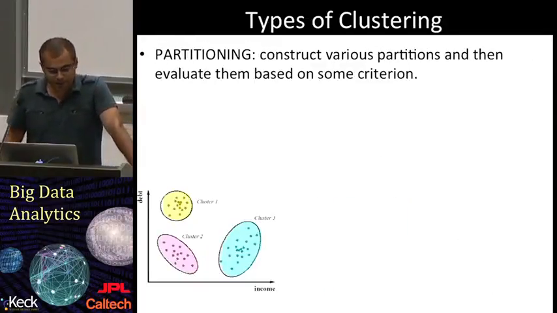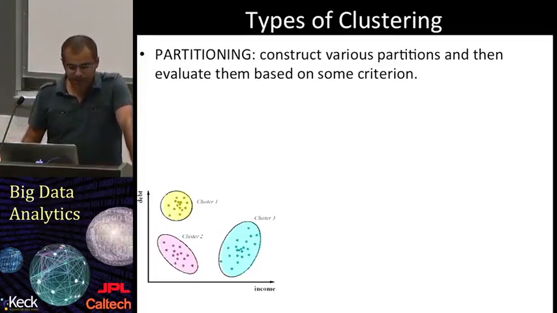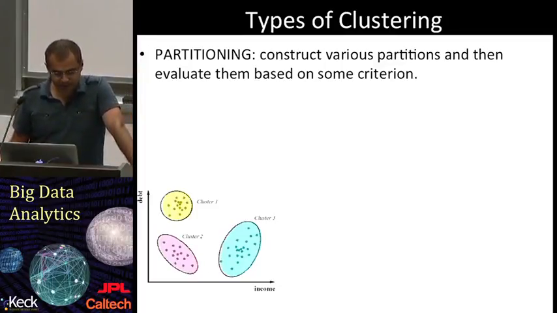Now, clustering models can be divided in three major groups: hierarchical, partitional, and density-based approaches. In partitional clustering, all the instances are placed in exactly one of k non-overlapping clusters, as shown in the figure where we have three clusters.